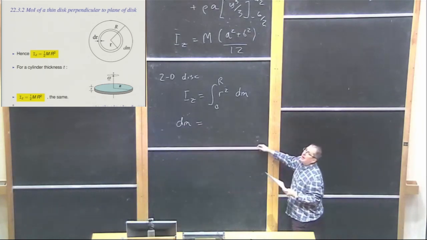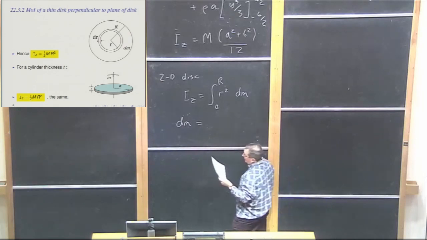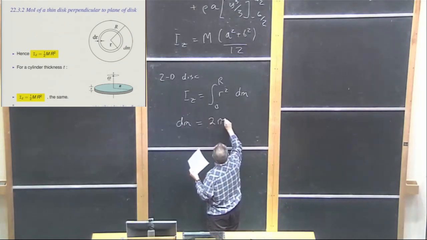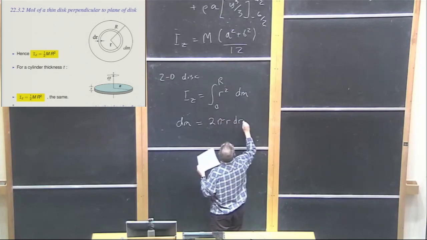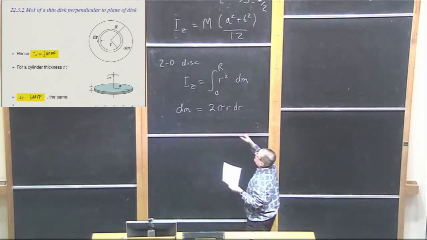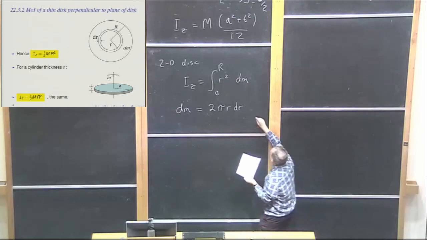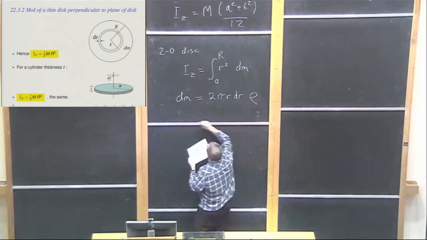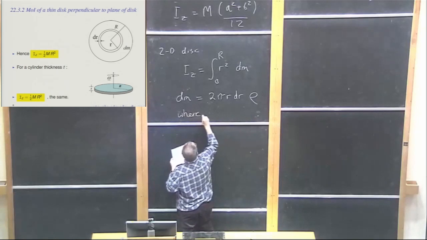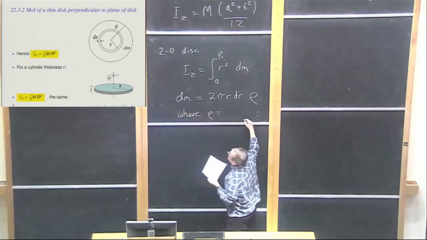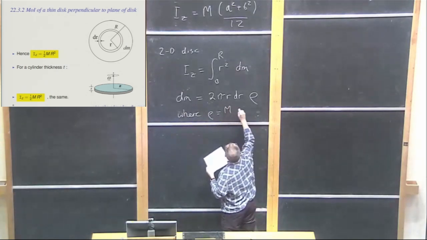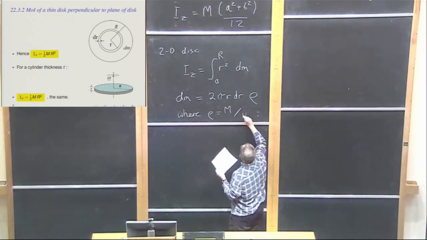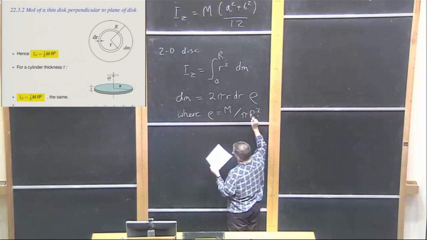It's 2 pi r dr. So the mass is that area times the two-dimensional density, which we will call rho. And rho is going to be the mass of the object, big M, divided by the total area of the object, which is pi big R squared.